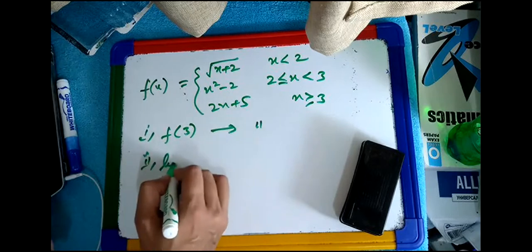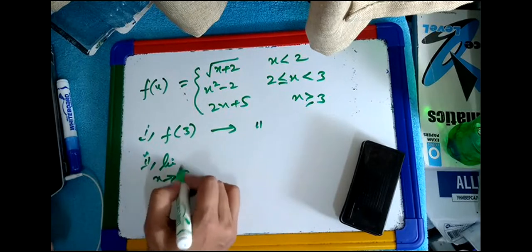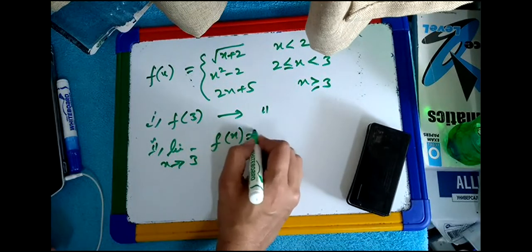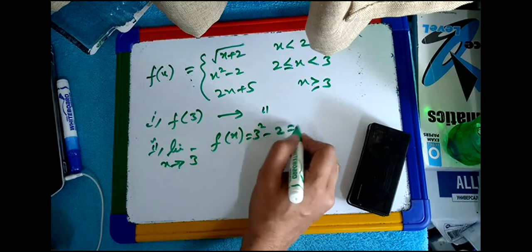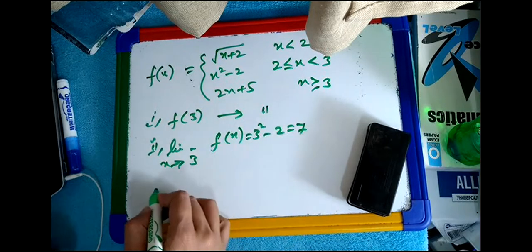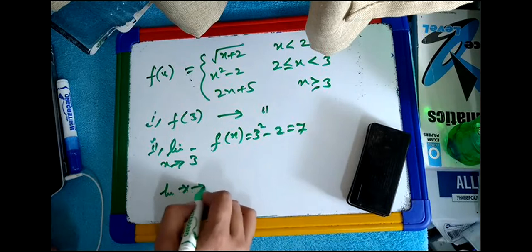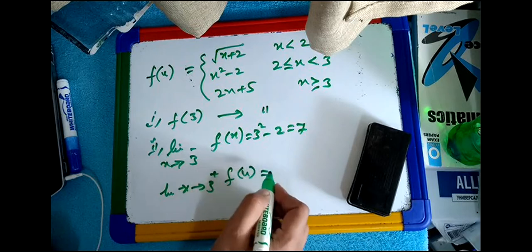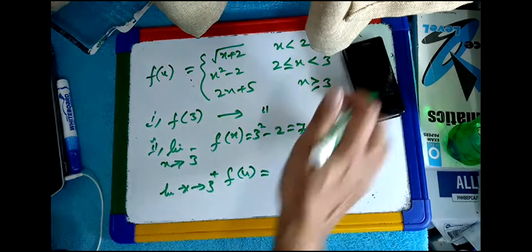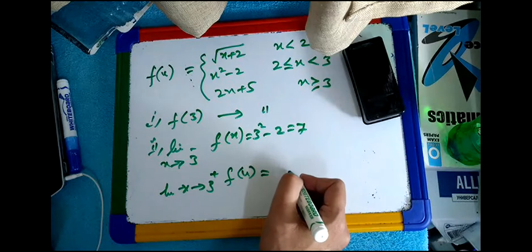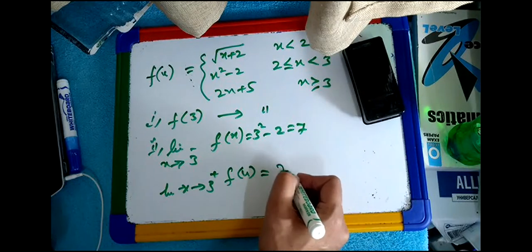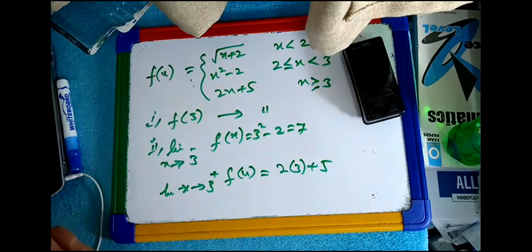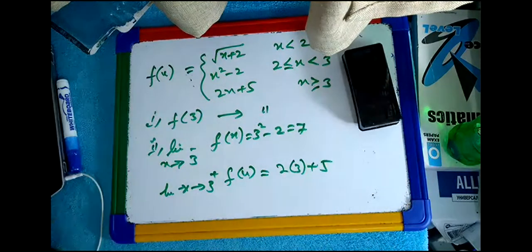Second thing is the limit as x tends to 3 minus. This will give 3 square minus 2, which is 7, and then the limit as x tends to 3 plus will give you 2 times 3 plus 5.